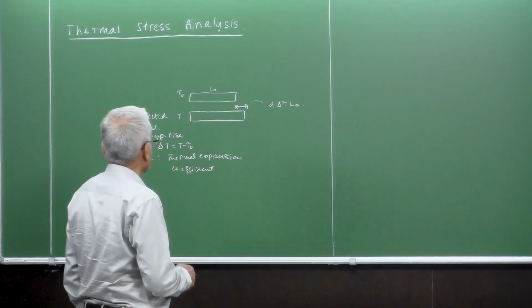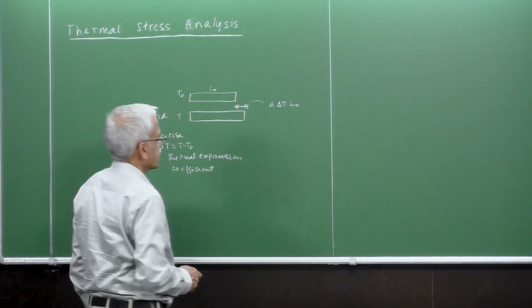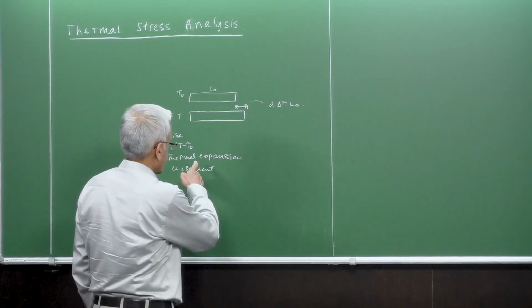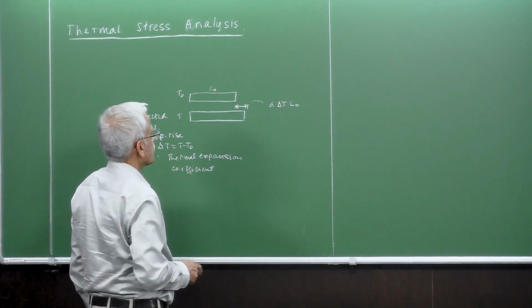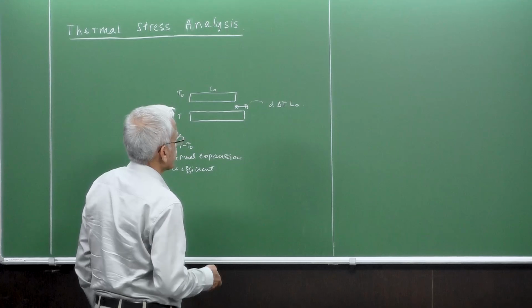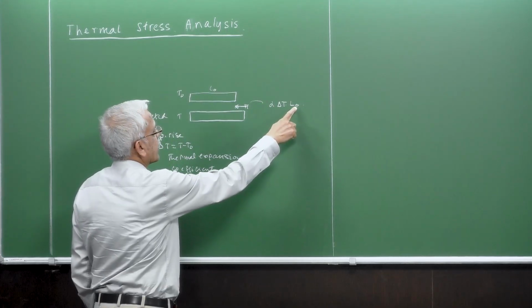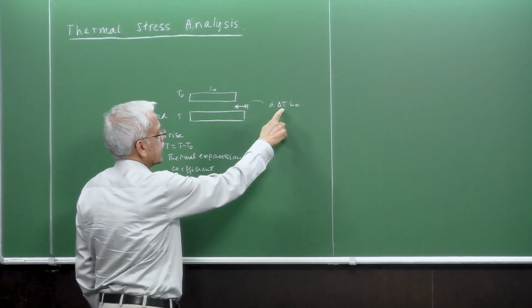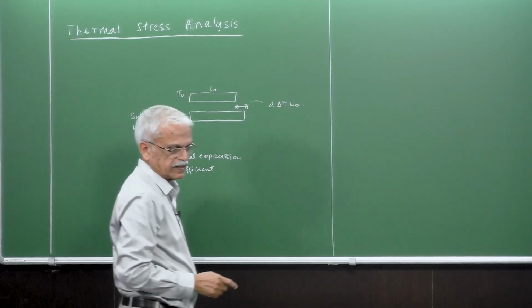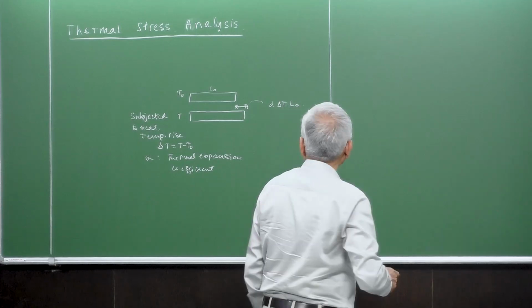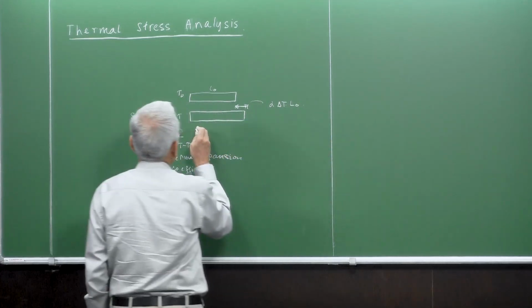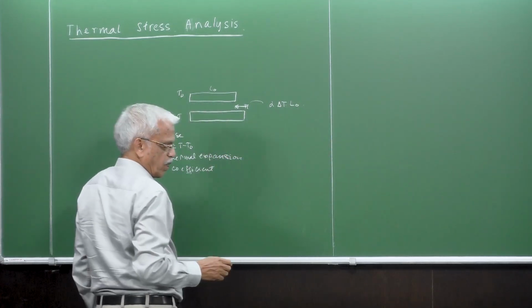So alpha is a kind of thermal strain equivalent, and multiplied by delta T and L naught it gives the change in length.